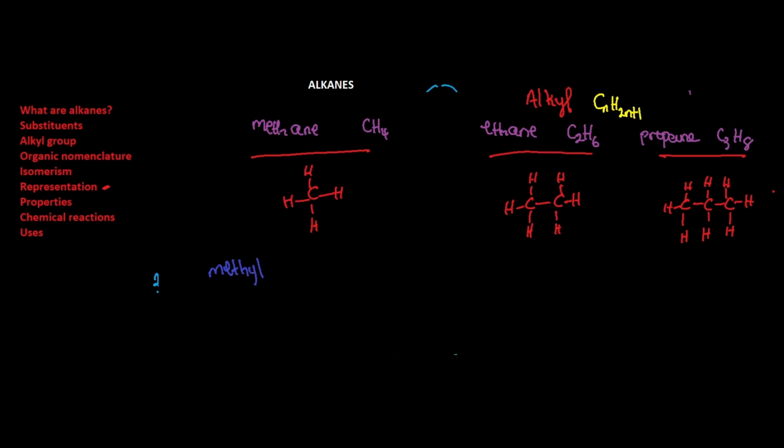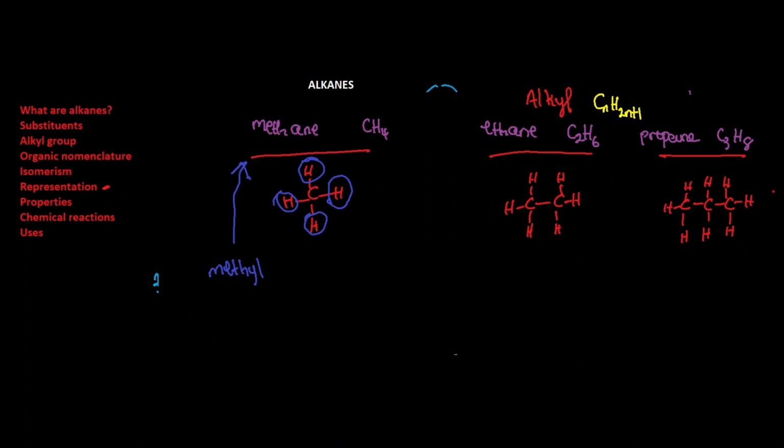So if we want to form methyl, which is the corresponding alkyl for methane, we simply take out one hydrogen. Since all of these hydrogens are, in quotes, the same, we could remove any one of them. So we could decide to remove this one, this one, or this, or even this.